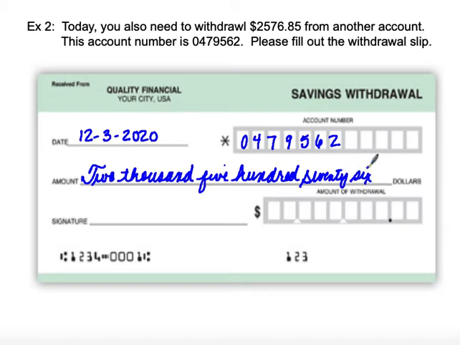Ooh, I'm running out of room. And 85 out of 100 is our change. So I'm going to line up my decimal and put my 85 to the right.